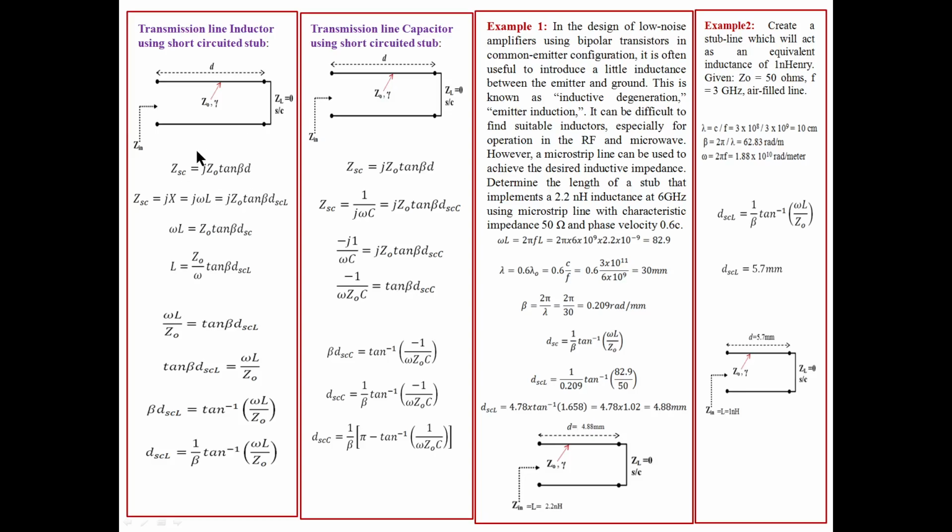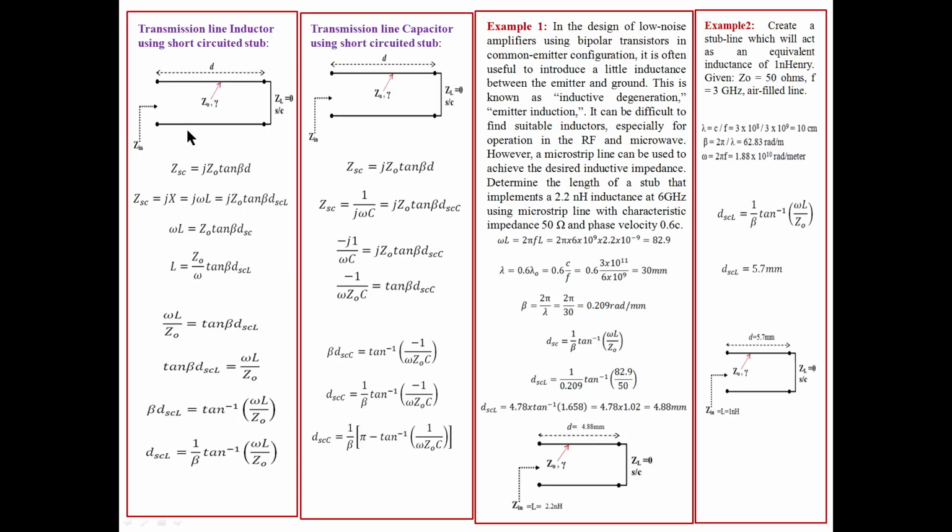Based on the value of inductor needed, the input impedance of a piece of transmission line depends on the length of this line, that is the distance d from the load. The length decides the input reactance.